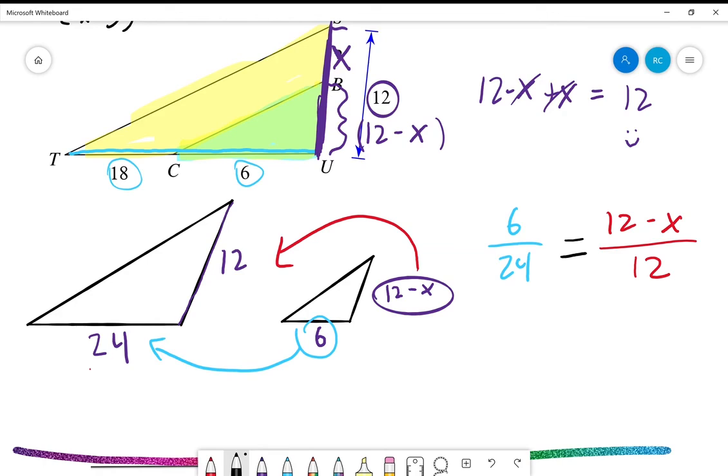Again, it is so much easier to see when the two triangles are separate and labeled separately. There's no way that I would have seen 12 minus X unless I separated out the triangles and really looked at what each side must be.